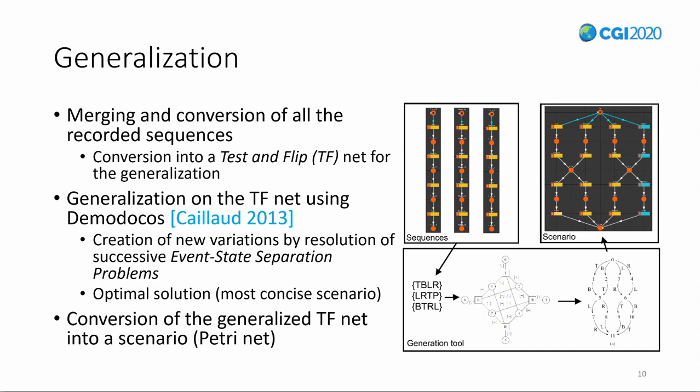This global scenario is then converted into a test and flip net, which is a particular class of Petri nets, such as the one you can see on the bottom left of the figure. The main advantage of those test and flip nets is that the format is strongly adapted to the computations done for the generalization process.